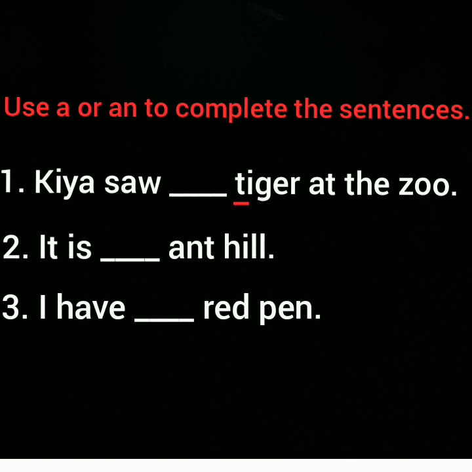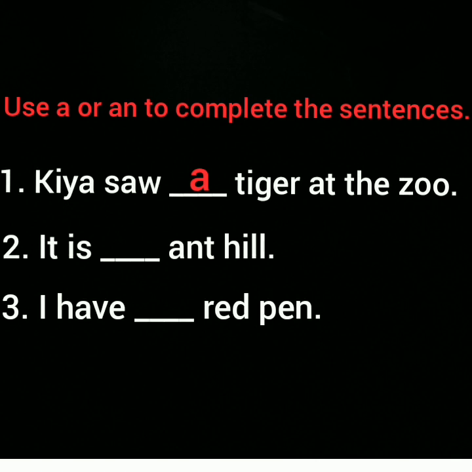Yes, T. And T is a consonant. Kids, what we use before consonants? A or AN? Very good, A. So we will write A. Kia saw a tiger at the zoo.